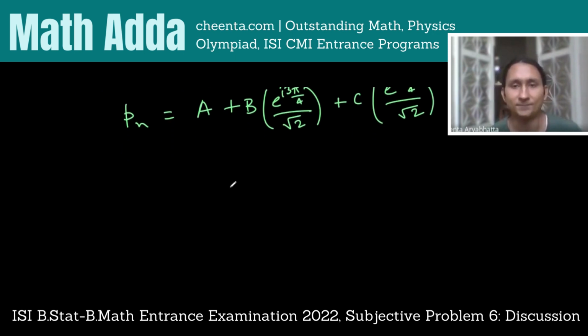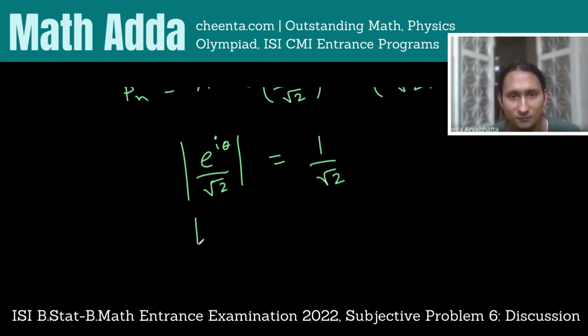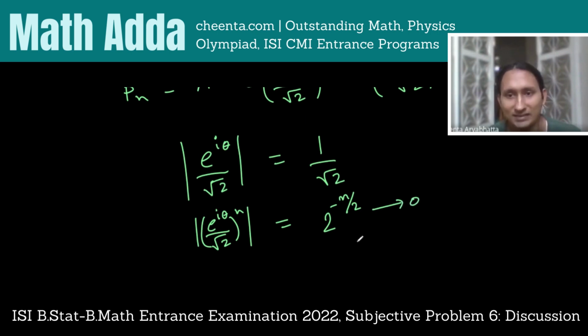Note that some e power i theta by root 2 has absolute value equal to 1 by root 2, and therefore the nth power of this has absolute value equal to 2 power minus n by 2, which actually goes to 0 as n tends to infinity.